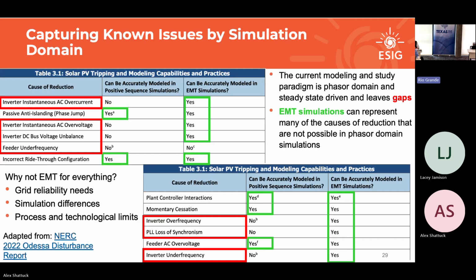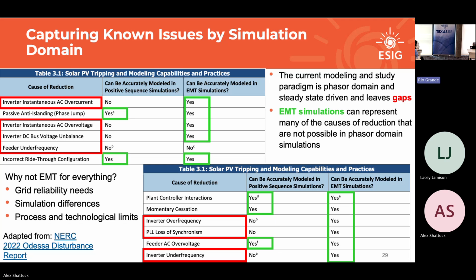of this. The reason for that is, if you look at the Odessa 2022 event, you'll see that with the exception of feeder under frequency disconnections or reductions, pretty much every one of those reductions can be studied in EMT. And when I say can be studied in EMT, I mean just possible in the domain as far as solving and seeing the waveforms.